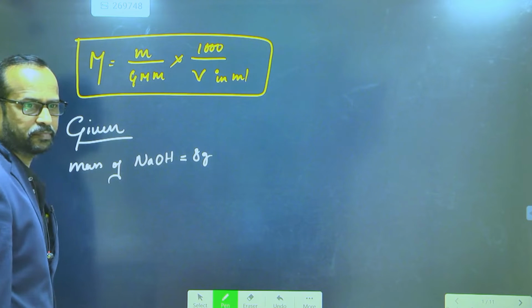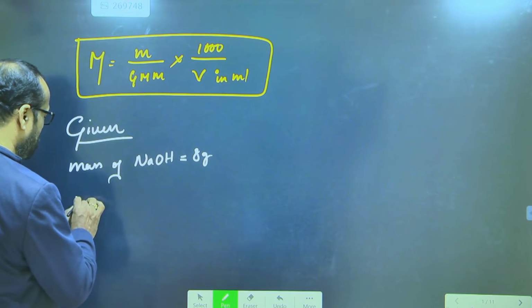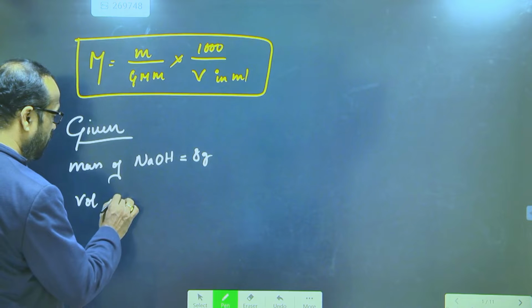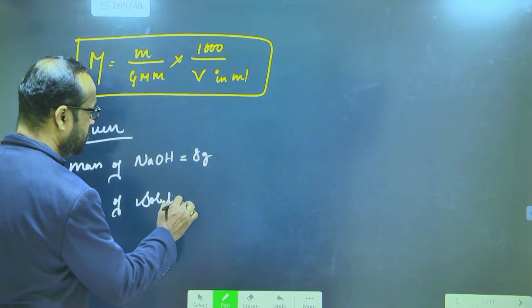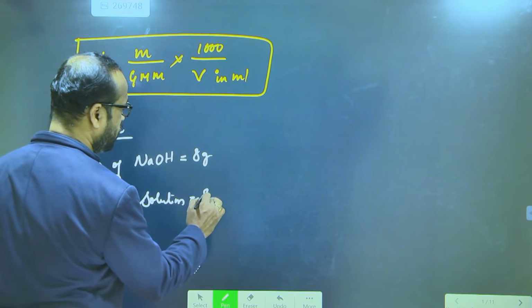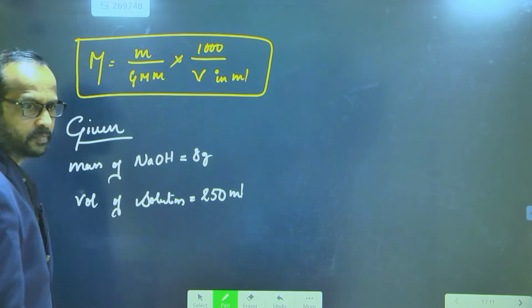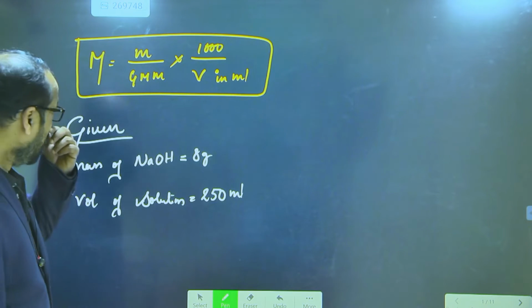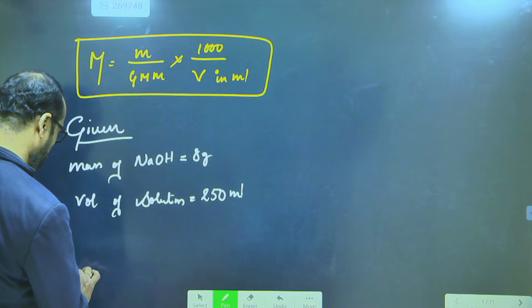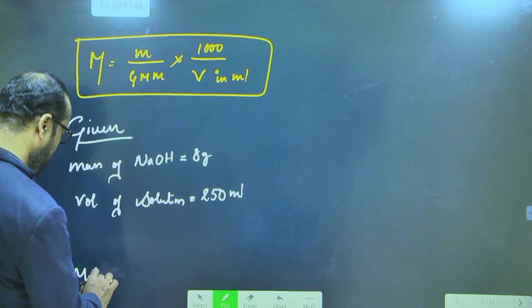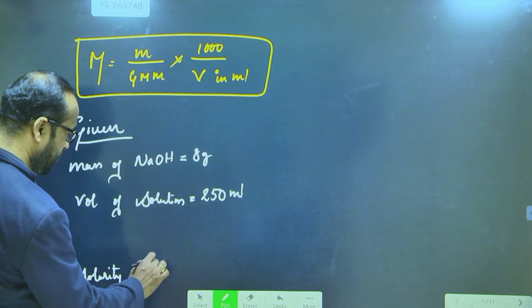Then the volume of solution is equal to 250 ml, which is also given. Next, we are asked to find the molarity, capital M.